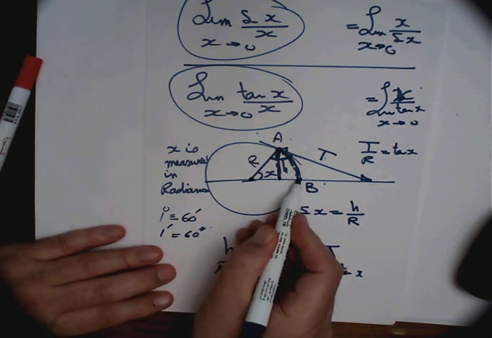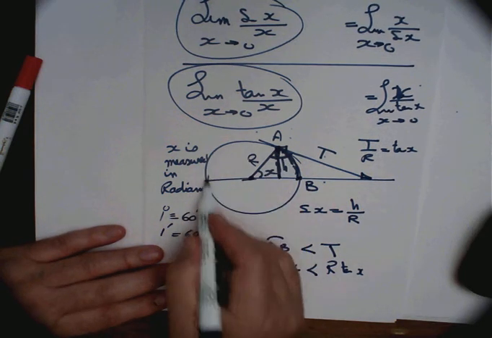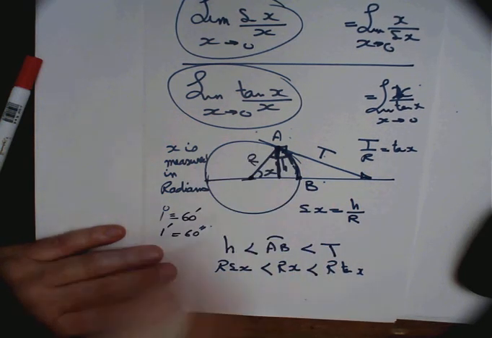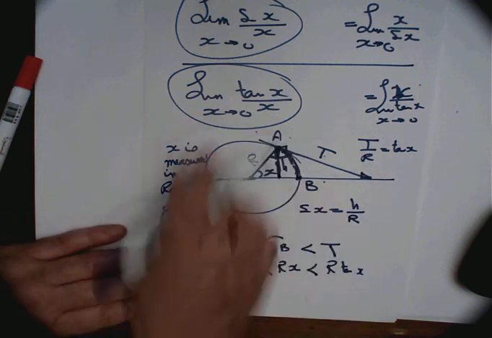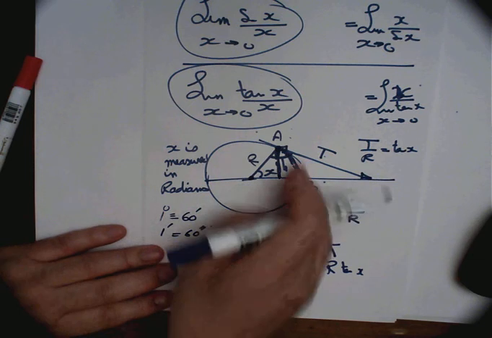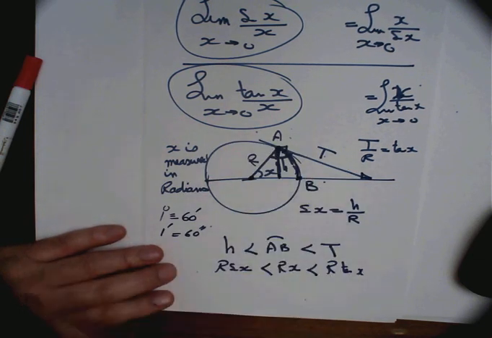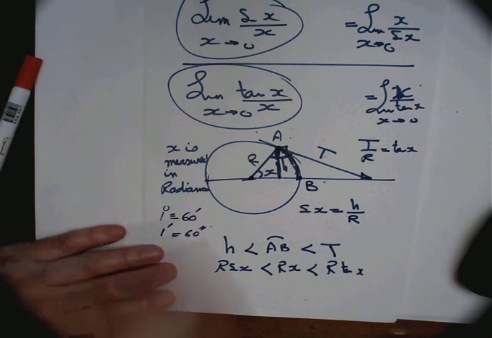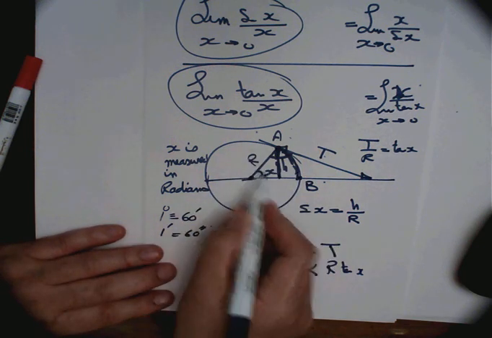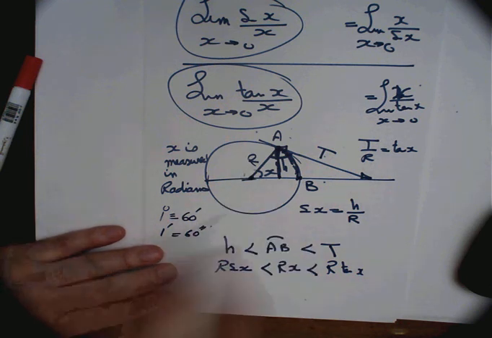Now, if I ask you, what is the length of the perimeter of this half circle? You say it is πr. The whole circumference is 2πr, but that of half of the circle is πr. Okay? Why? Because half of the circle is subtended by an angle π.